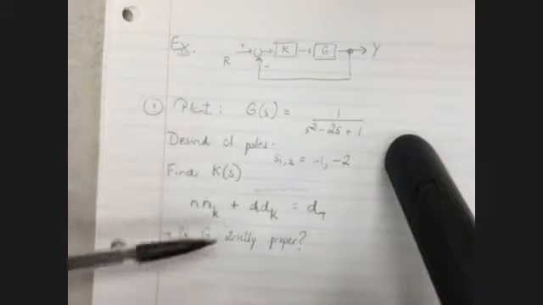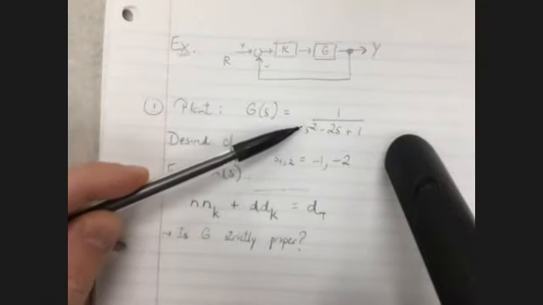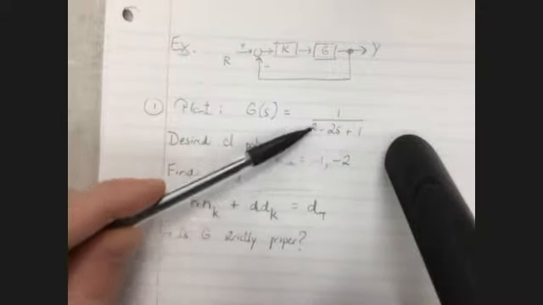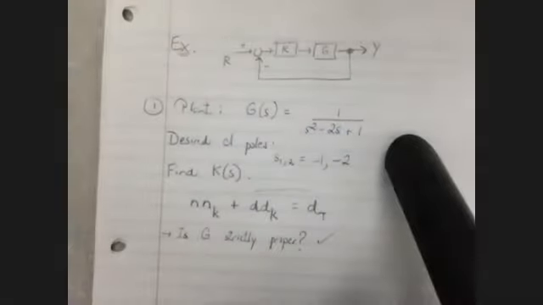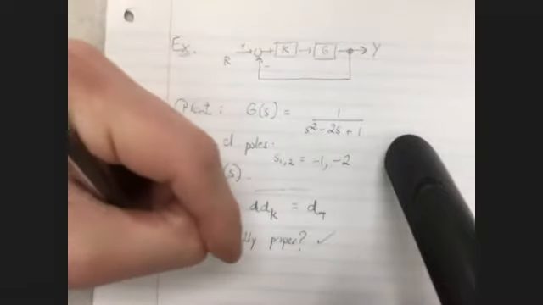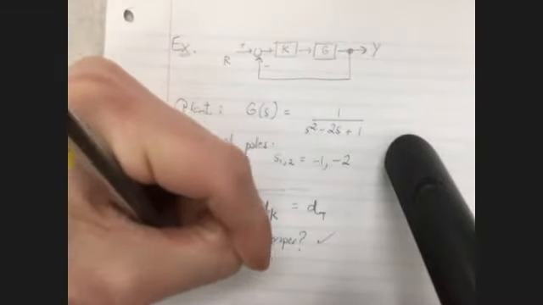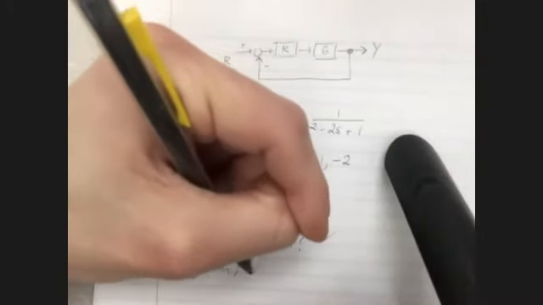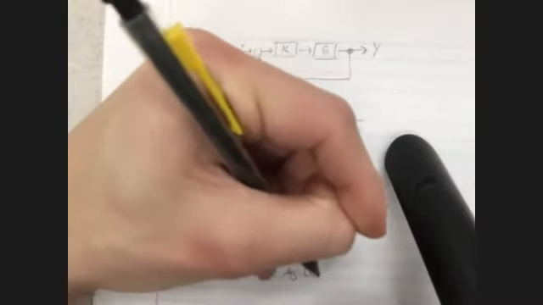So we would go up here and look. Okay, G, notice that the denominator has higher order than the numerator. So yep, G is strictly proper. So in that case, we are good. Next thing was degree of dt. Degree of dt needs to be greater or equal than 2 times degree of d minus 1.